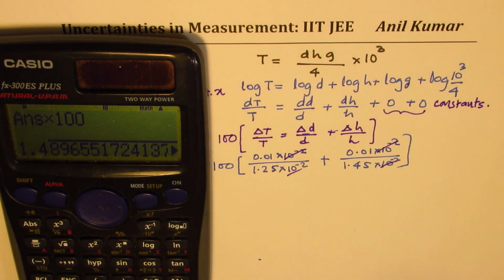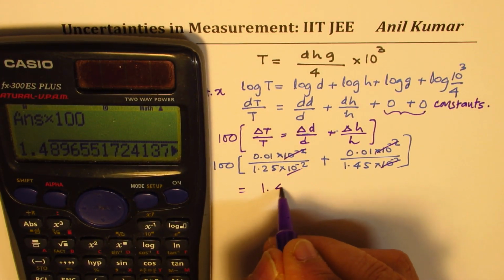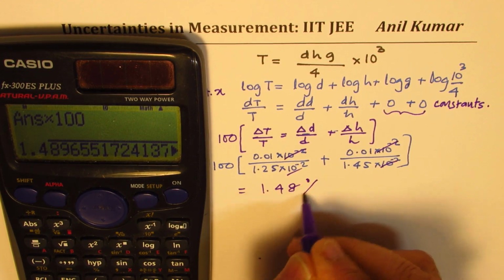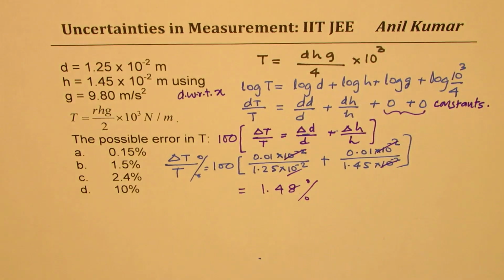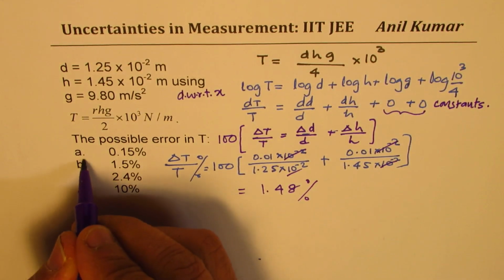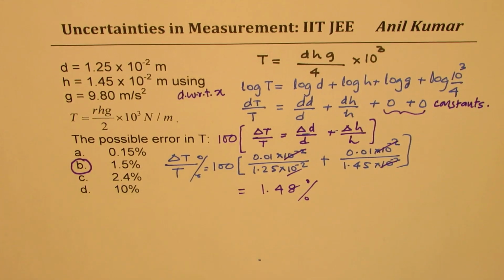What we find here is 1.48%. Correct? So 1.48% is closest to 1.5. Perfect. So that is how you actually get your answer.